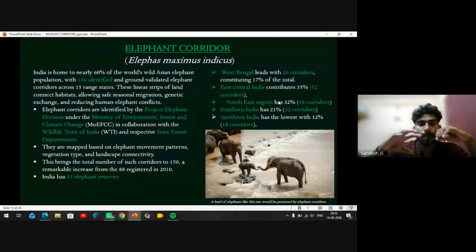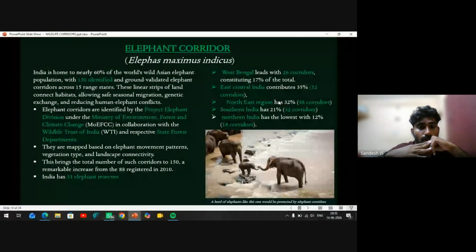So it is a combined initiative, a collaboration to make these corridors successful. They are mapped based on elephant movement patterns, vegetation type, and landscape connectivity, which is mainly done by camera traps, radio collaring, etc.